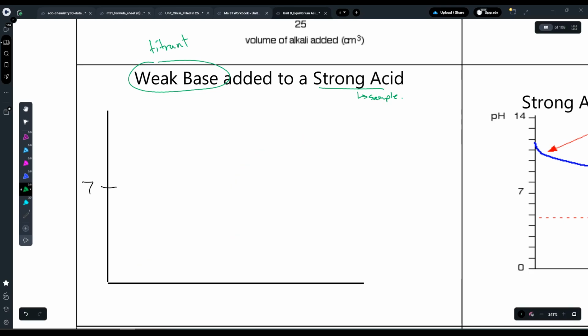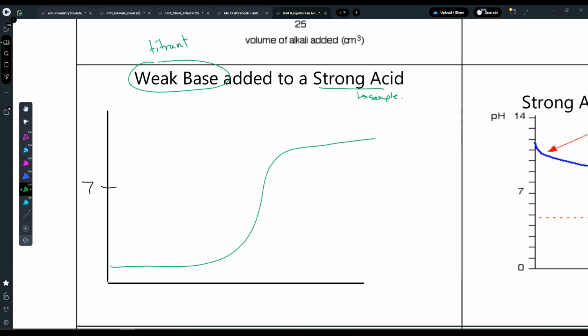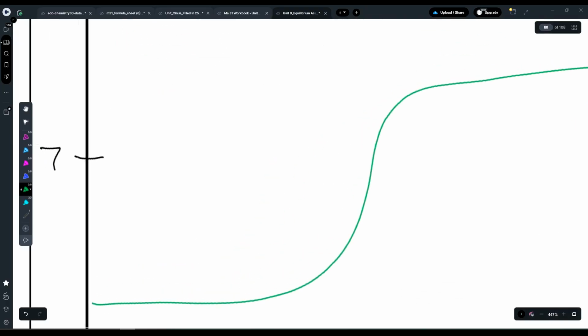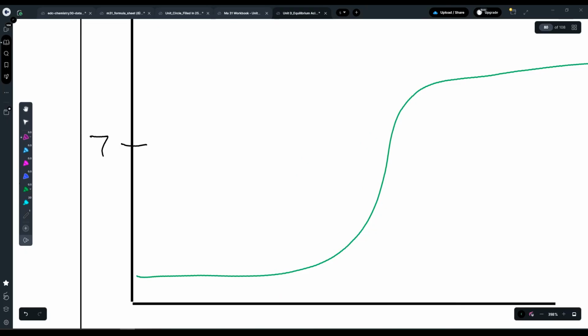Well, actually, we'll try that again. Okay, so looking here, if I had to eyeball the steepest part of the graph, the steepest part of the graph occurs there, and the middle part would be about there. So the endpoint would be there.